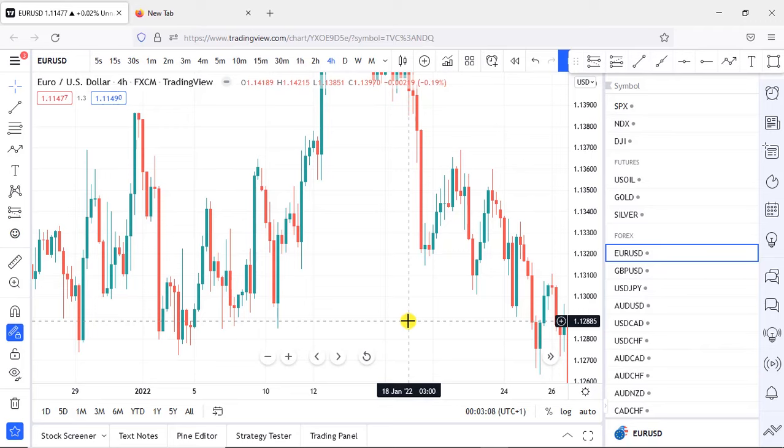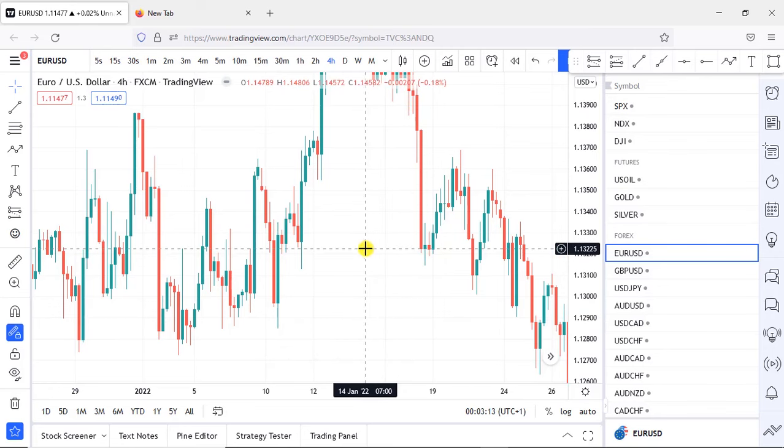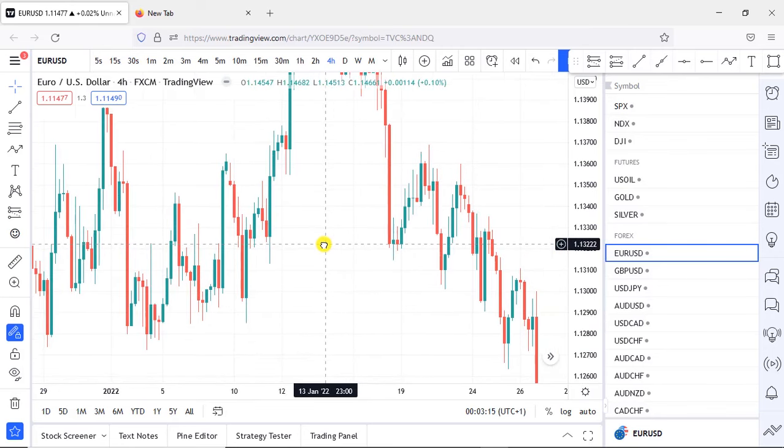Now, how does the market create liquidity? Like we said, liquidity is resting on each high and each low in the market. We've explained high and low. Now let's talk about high: how liquidity is grabbed on each high in the market and what other blocks it forms thereafter.